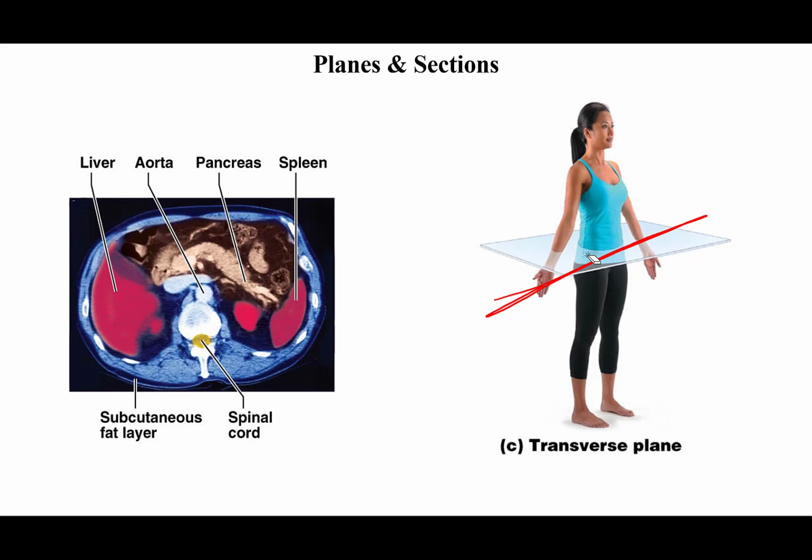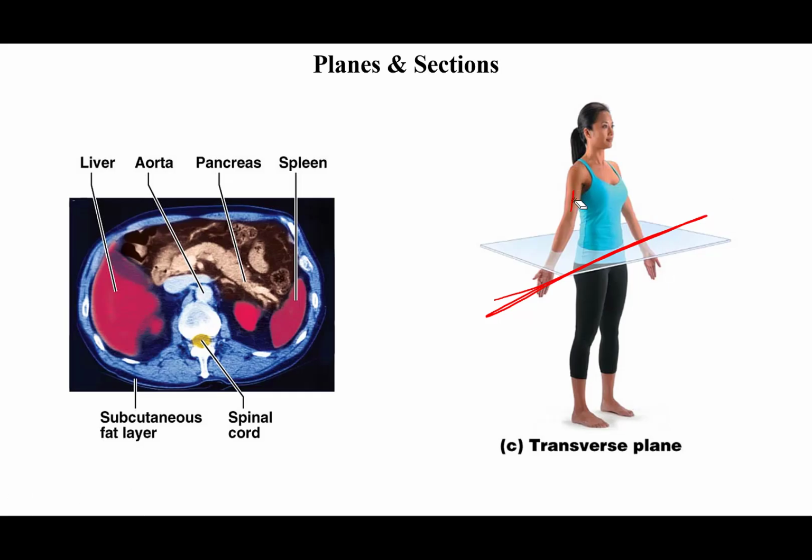These cuts don't have to be about cutting the whole person, the whole body. For example, if I'm a surgeon and I want to make some cuts on this girl's arm, I can make a sagittal cut like that on the arm, because it divides the arm into the left and the right section.